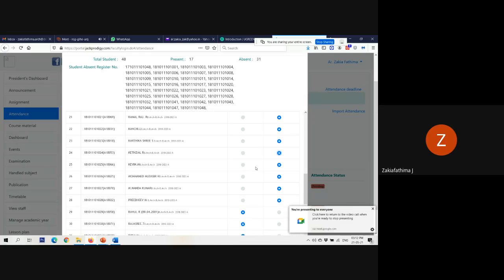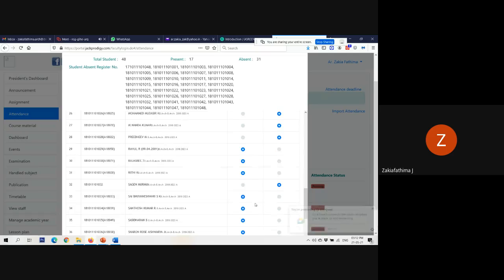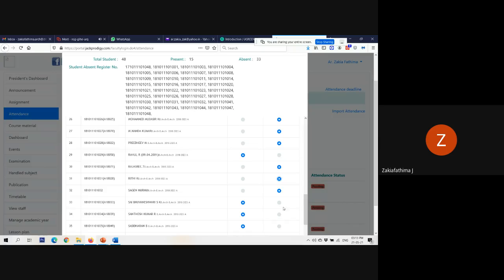Kevin? Absent. Mudassir? Absent. Nanda Kumar? Absent. Freedav? Absent. Rahul? Present, ma'am. Rajashri? Absent. Riti? Absent.